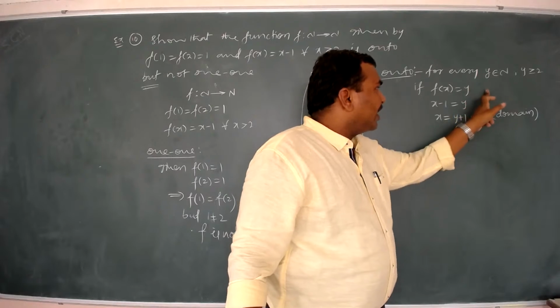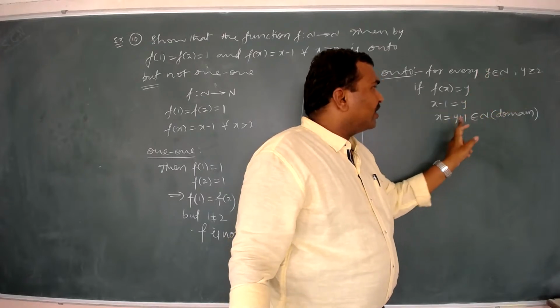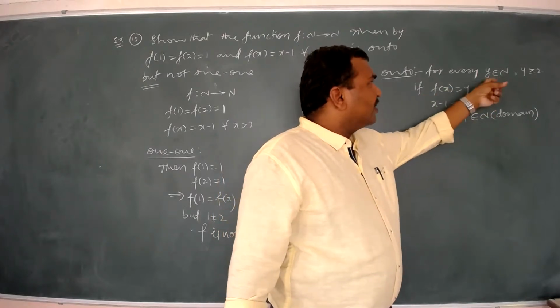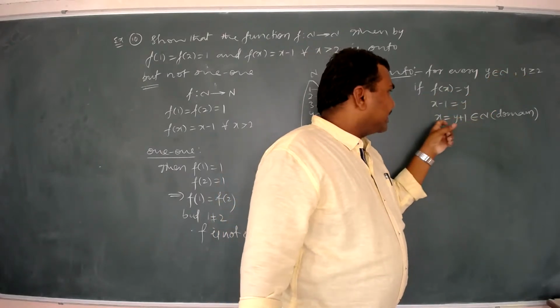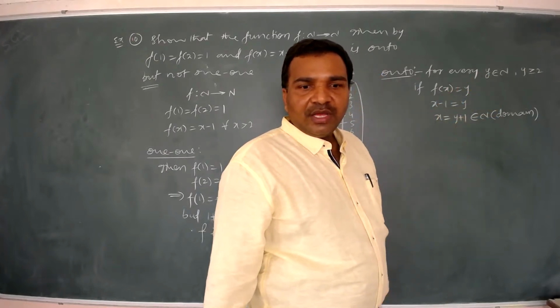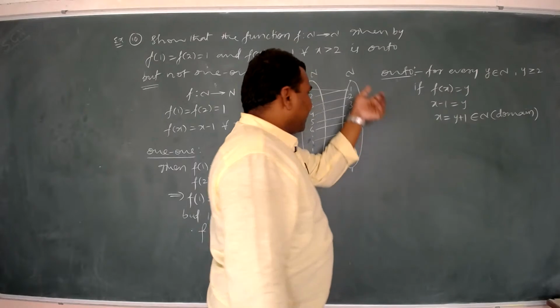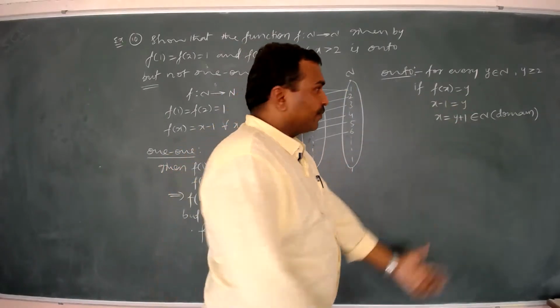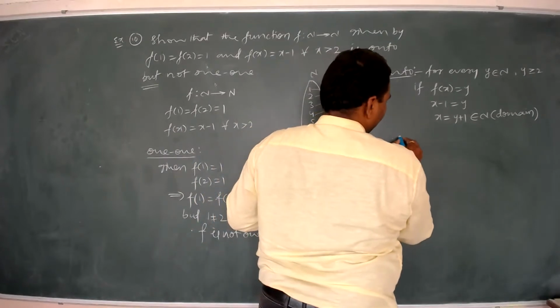So for every y belongs to natural numbers, y plus 1 is also a natural number. So what is the conclusion? For every y belongs to codomain, there exists x belongs to domain such that f of x equal to y. Therefore, f is onto. Diagrammatically, we can explain like this, but problematically, we have to write the process. Okay. What is the conclusion?